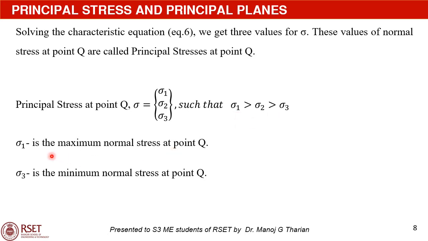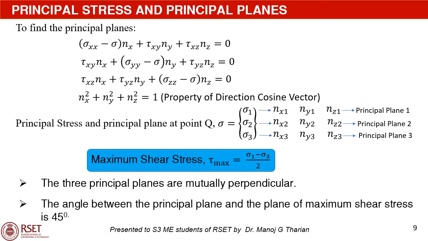You should understand that sigma 1 is the maximum normal stress at point Q for a given stress state, and sigma 3 is the minimum normal stress value at point Q for a given stress state. Once the values of the principal stresses are known, the principal stress values are substituted in equation 4.